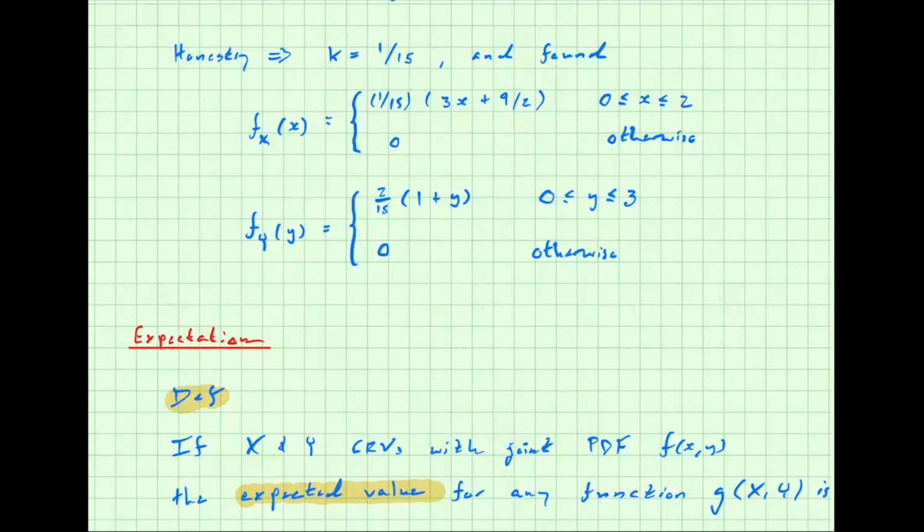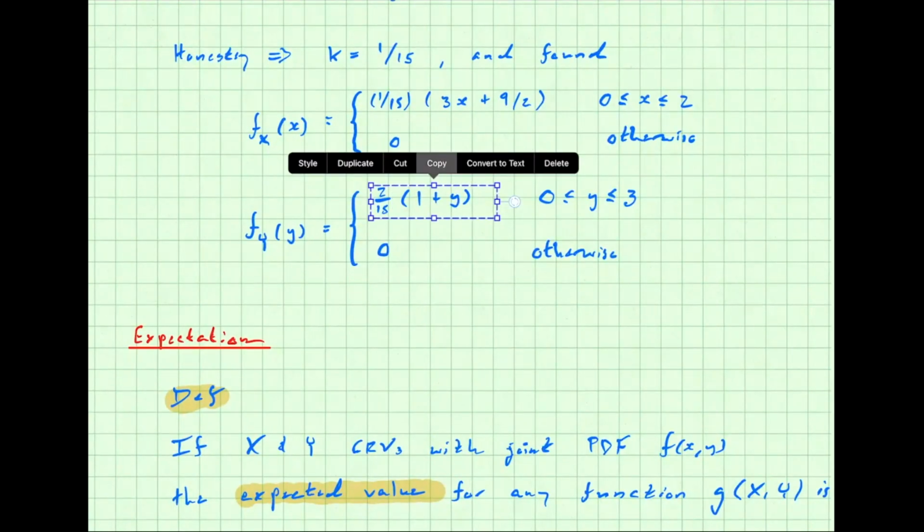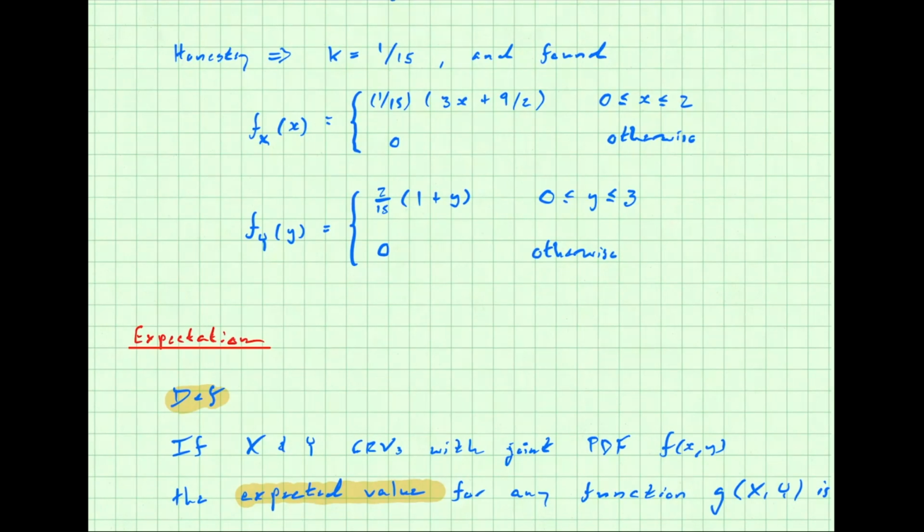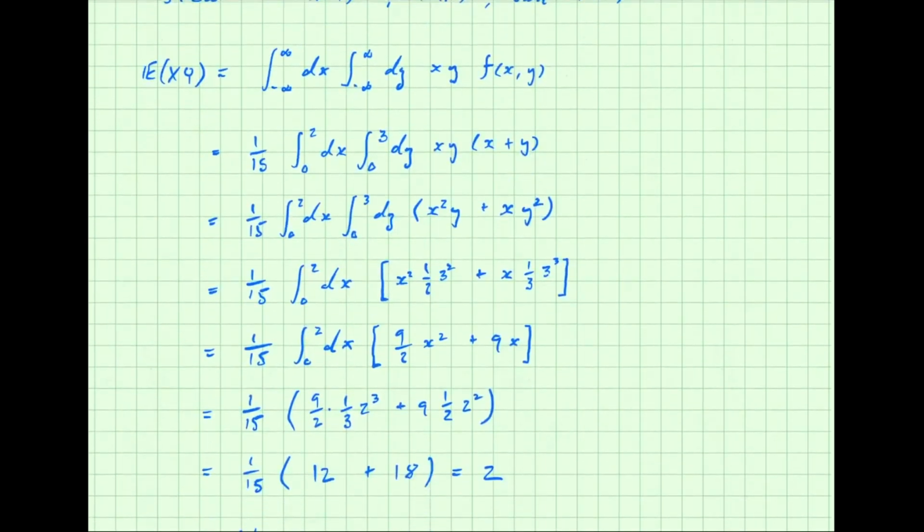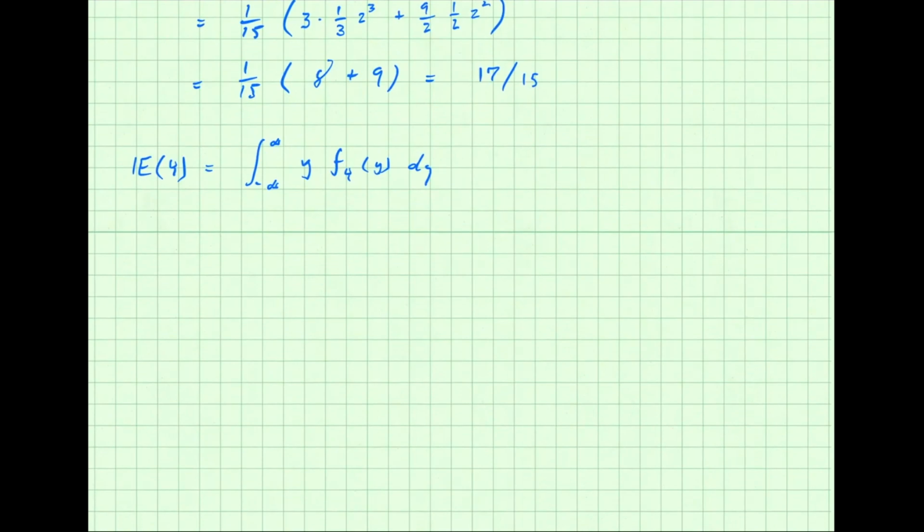So it's 2/15 times 1 plus y when y is in between 0 and 3, and otherwise it's 0. So the integral is going to only go from 0 to 3. Right, so we get the integral from 0 to 3. And I've got y times the thing I just copied.